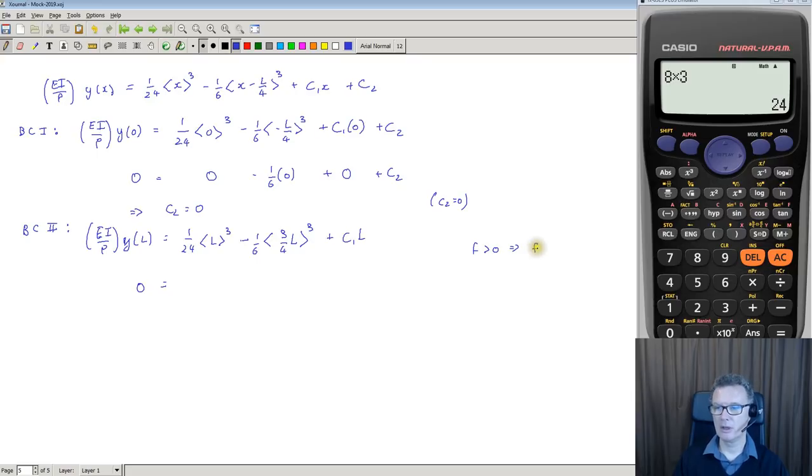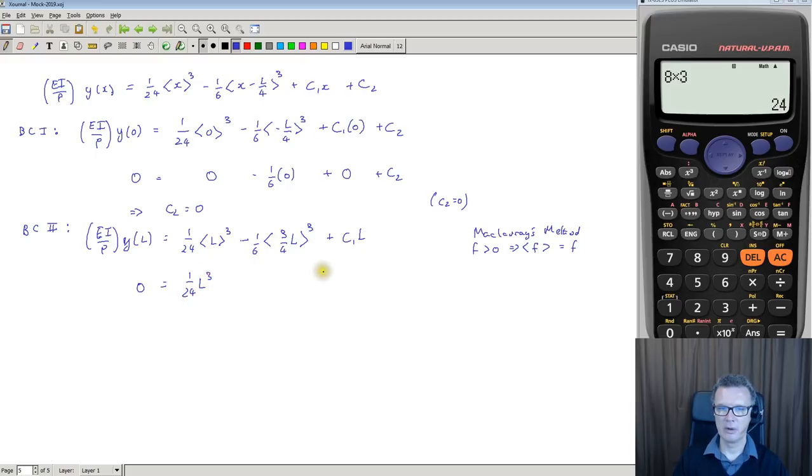The f is greater than 0, therefore the bracket becomes the f value. That's the Macaulay method. Okay, so we've got 1/24 L to the power 3.